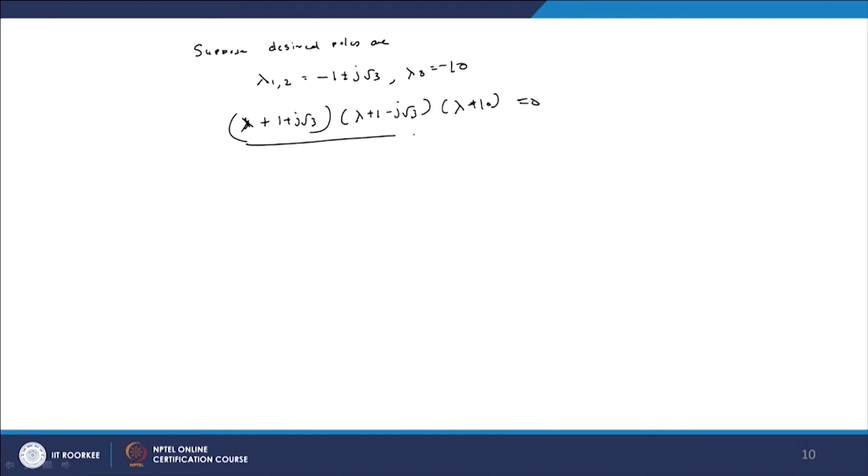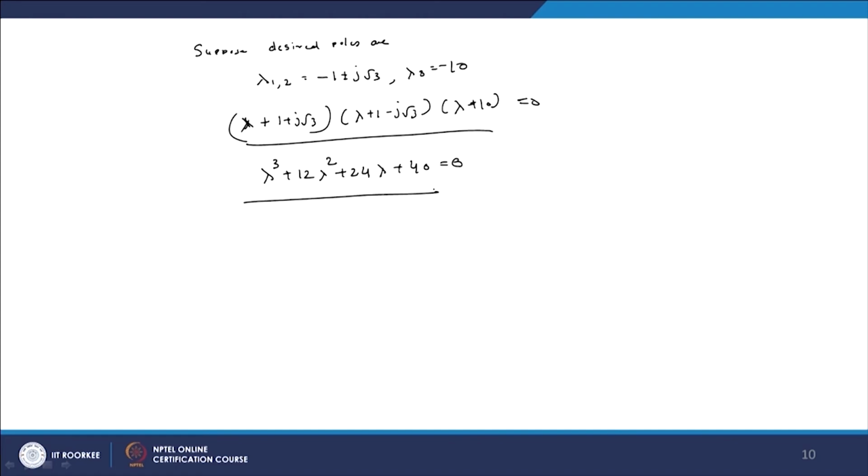All these 3 eigenvalues we have considered, and after multiplying them we will get lambda cube plus 12 lambda square plus 24 lambda plus 40 equal to 0.